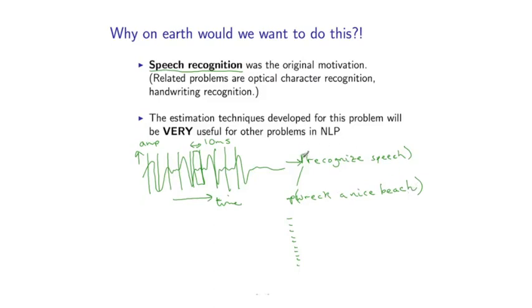So the language model is going to provide us additional information in terms of the likelihood or probability of different sentences in the language. And there are going to be many others down here, some of which might look acoustically like a very good match to the input, but which are completely unlikely as sentences in English.